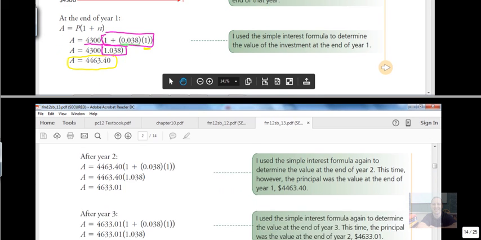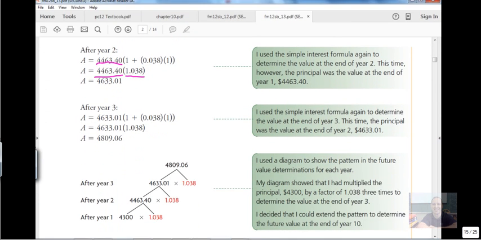What about the second year? Well, the second year, we take this dollar amount, right? The money that we have at the end of the first year, that becomes our principal right here. And that's the big difference now between simple and compound. And notice that this 1.038 shows up again. So we take the new value times this for the second year.